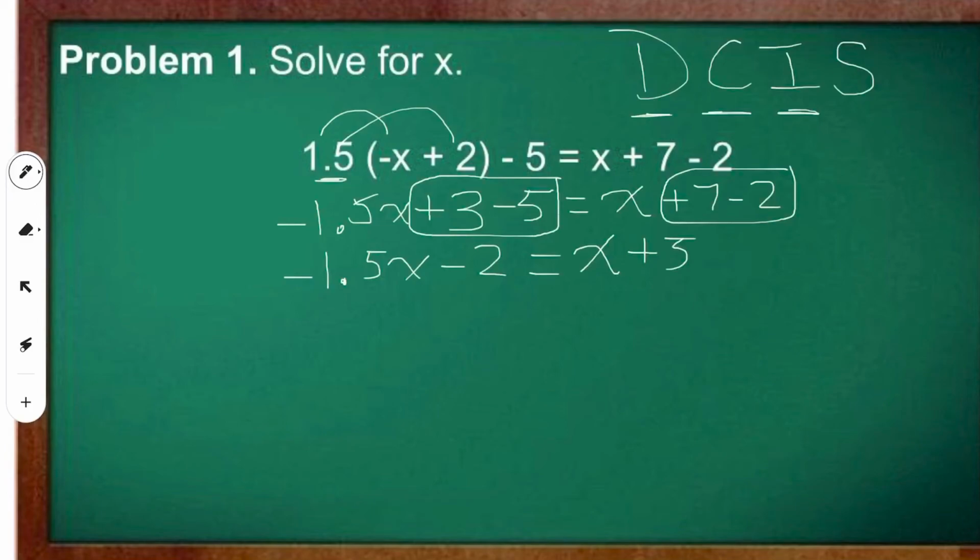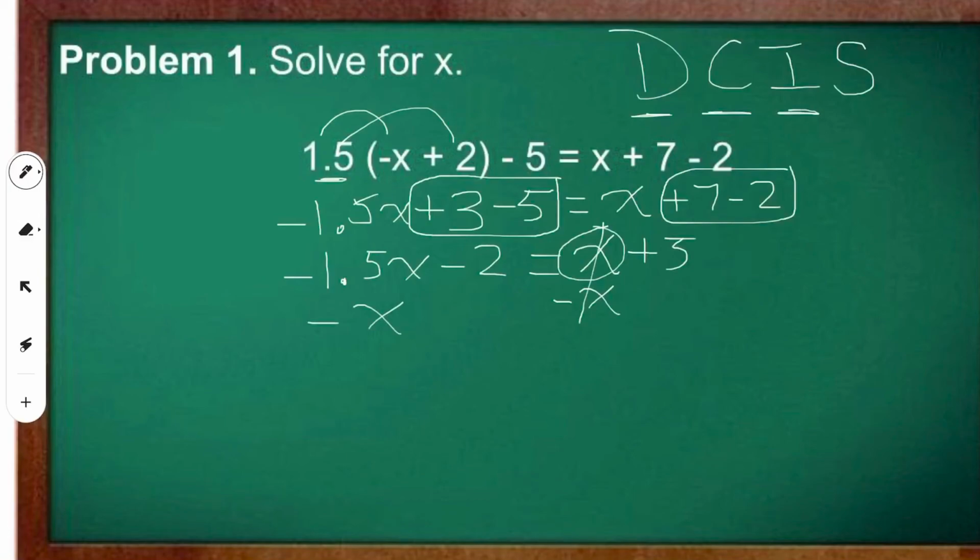This is a step that a lot of you guys get confused on. So I'm going to emphasize this again. Our main goal is to have our variable terms on the opposite sides of our constants. So I'm going to start with my variable terms. I see this x right here. I want to get it to the other side. So I do that by subtracting x, because it's the opposite of adding positive x, on both sides.